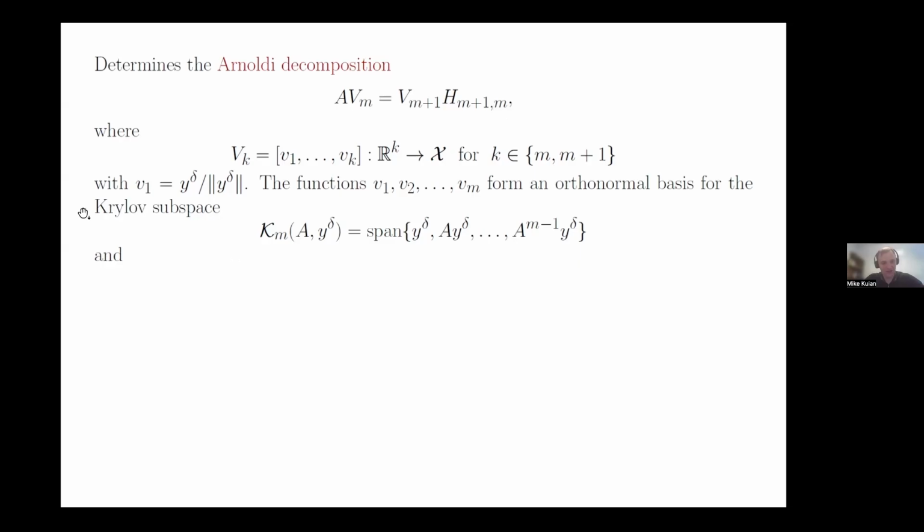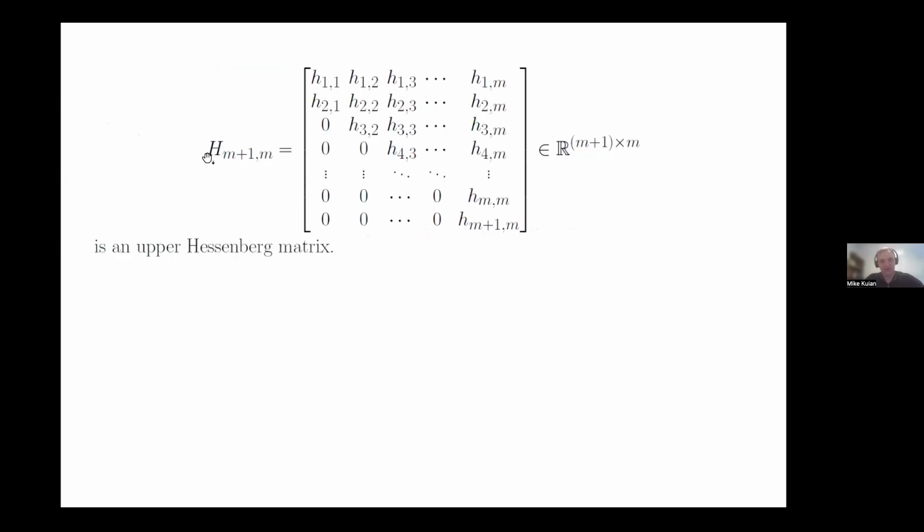The structure of the Hessenberg matrix we can see here. It looks like a triangular matrix with an extra diagonal under the main diagonal, and it has this extra row element.